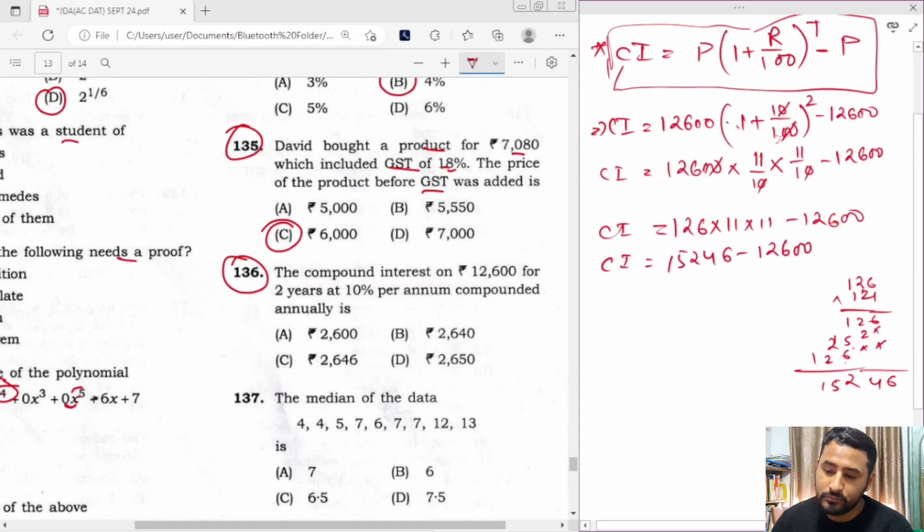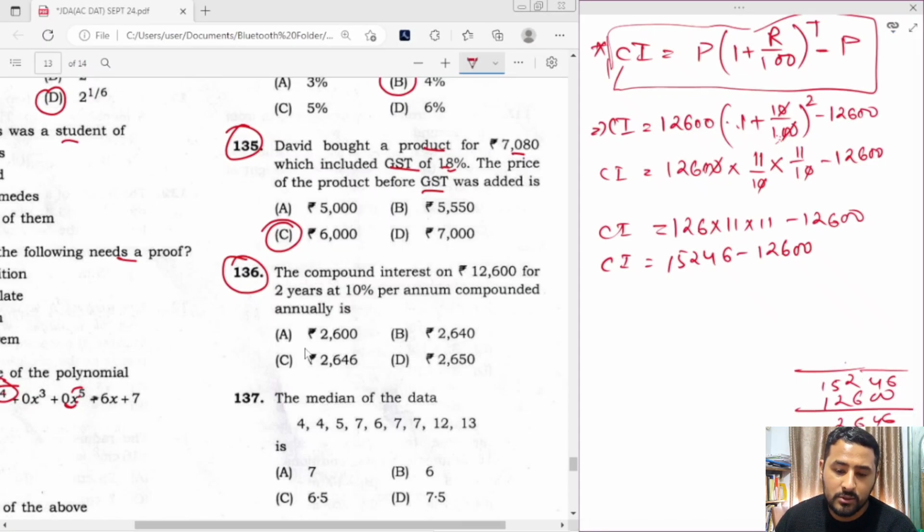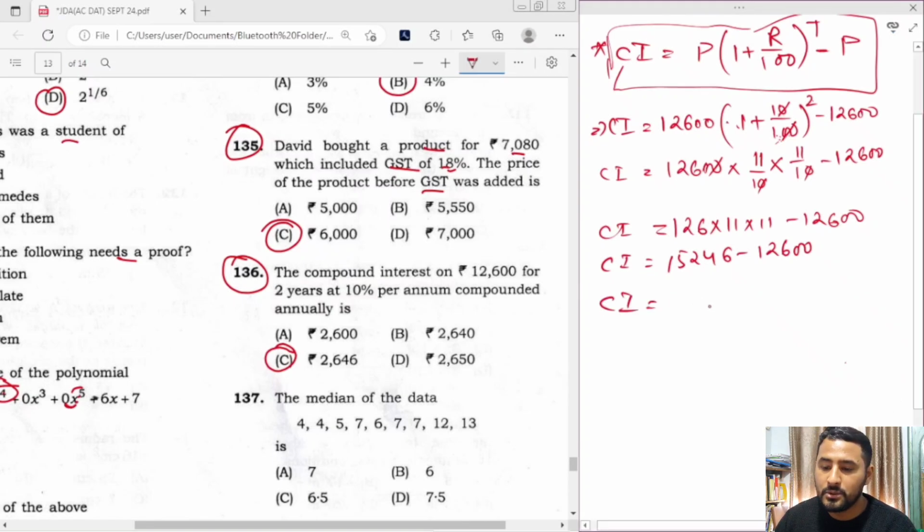Subtract this, and you'll get the answer: 2646. So option number C will be the correct answer. Our compound interest will be 2646 rupees. I hope this is clear.